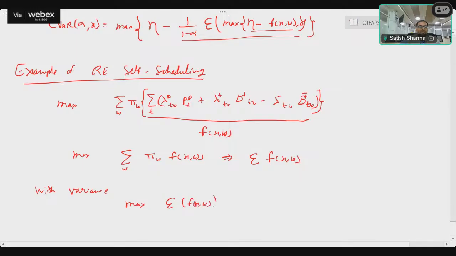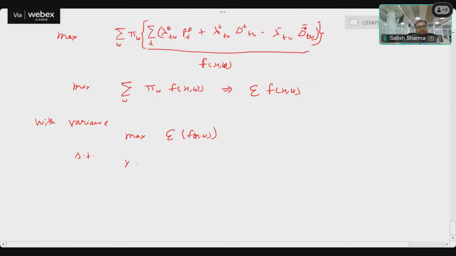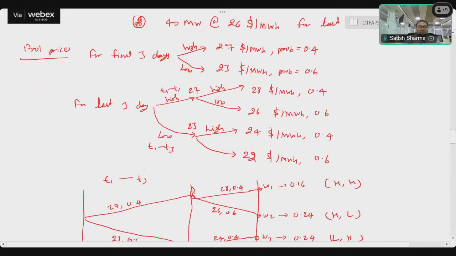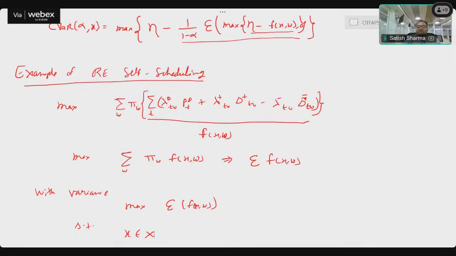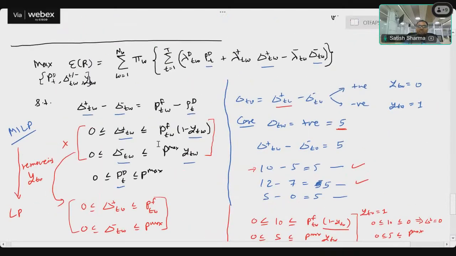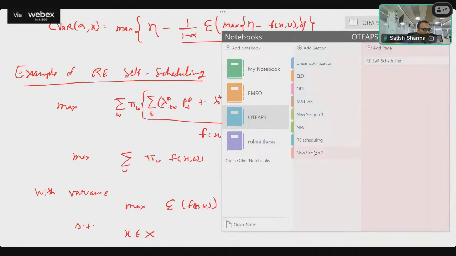So this will be the same objective function which we have used, subject to different constraints satisfying the capital X. So these constraints, all of these constraints, will define the solution space. And once we put all of these constraints, we will add one more constraint, which is of the variance value, and that can be placed as a risk value less than some limit.